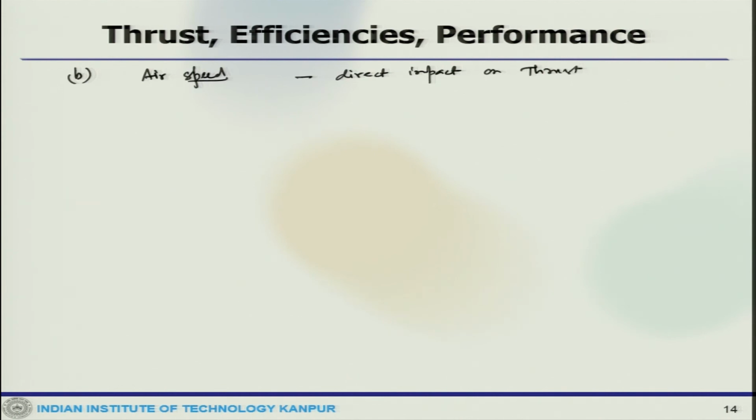If the exhaust gas velocity is constant and the air velocity is increased, then the difference (1 plus f) times UE minus U also decreases, which means the thrust also decreases. If the air mass flow rate and the fuel to air ratio are assumed constant, then the net thrust decreases linearly. Okay.